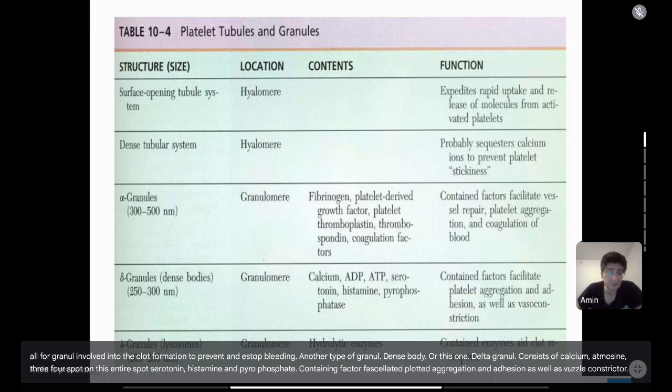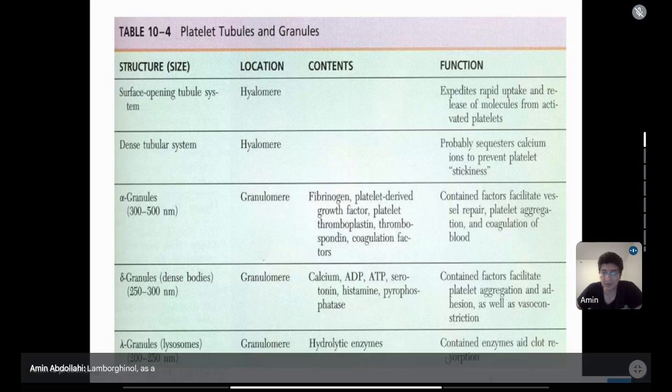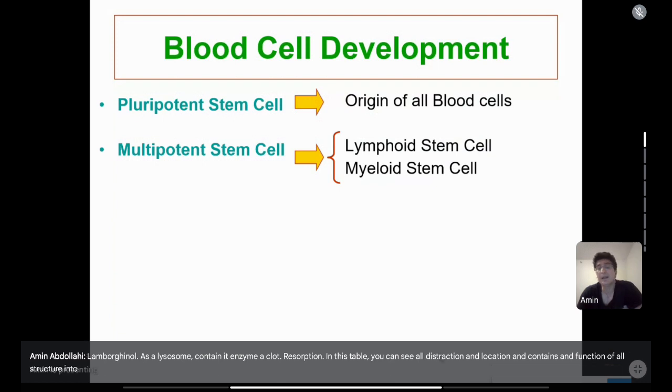And lambda granules act as lysosomes, containing enzymes for clot resorption. In this table, you can see all the structures and their location, contents, and function in the platelet.